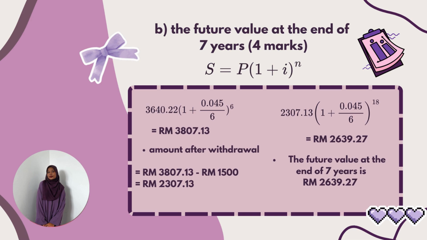Furthermore, we calculate the future value using the same formula, where P is 2,307 ringgit and 13 cents, i is still the same as the previous equation, and n is 18. And we will get the future value at the end of 7 years is 2,639 ringgit and 27 cents.